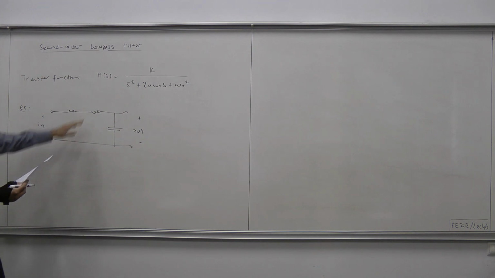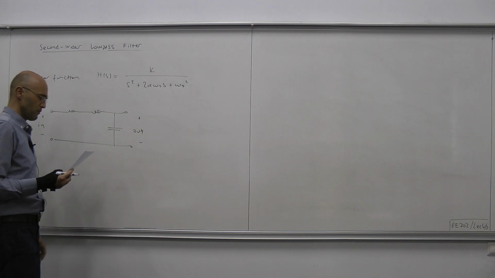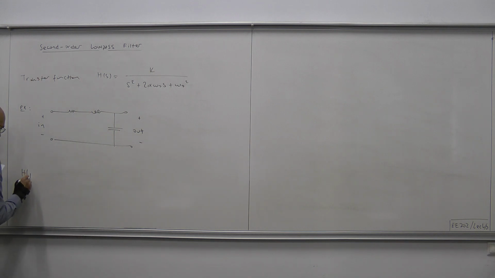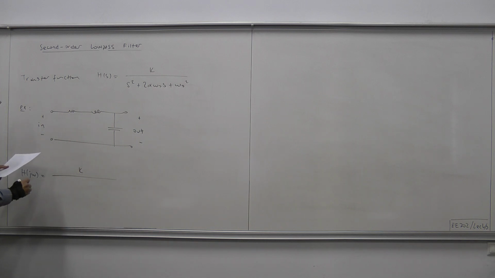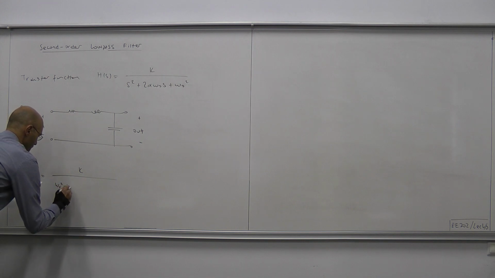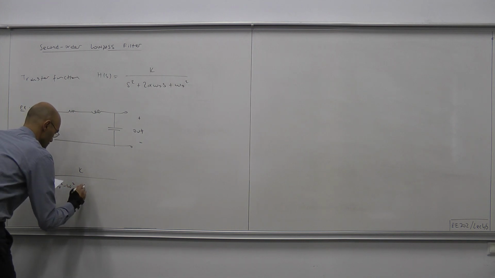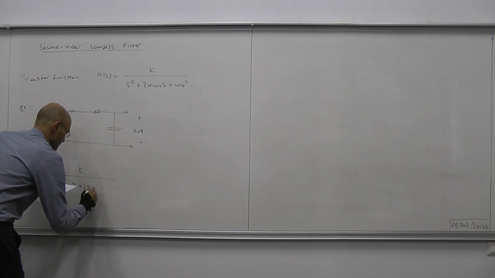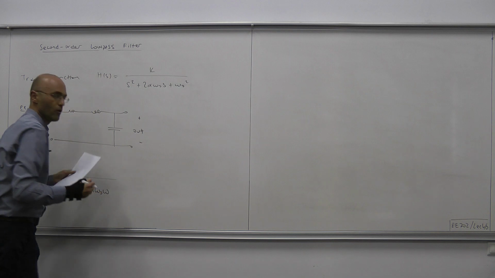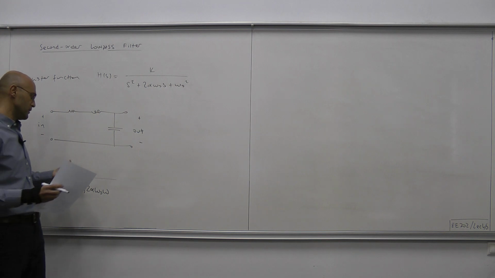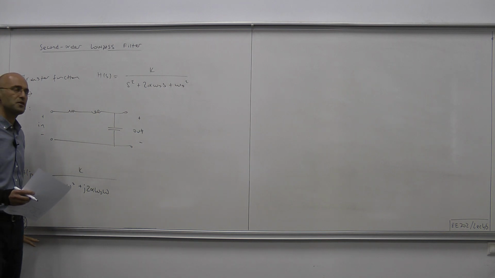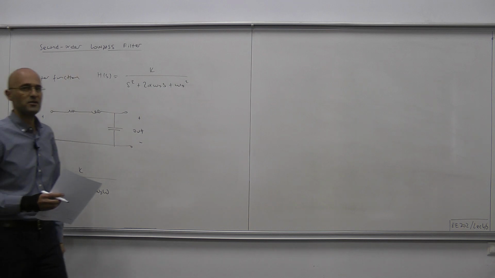Okay, so the frequency response corresponding to this transfer function is H(j omega) equals k over omega 0 square minus omega square plus j 2 alpha omega 0 omega. Okay, so let's see what happens at very low frequencies and at very high frequencies, in order to convince ourselves that this really produces a low pass characteristic.